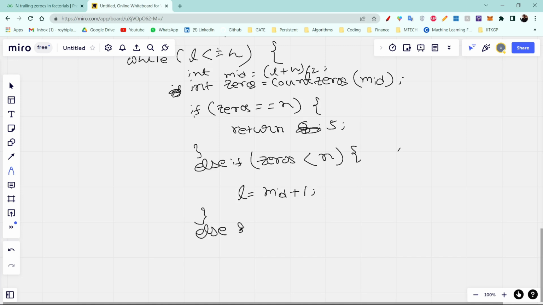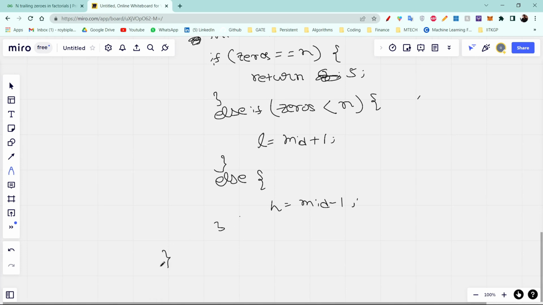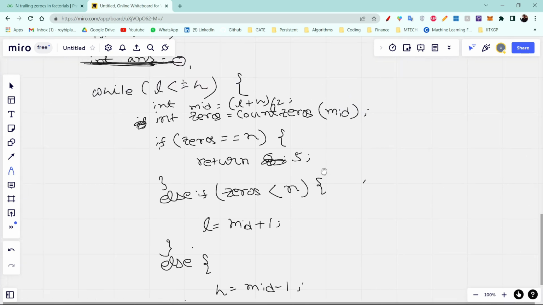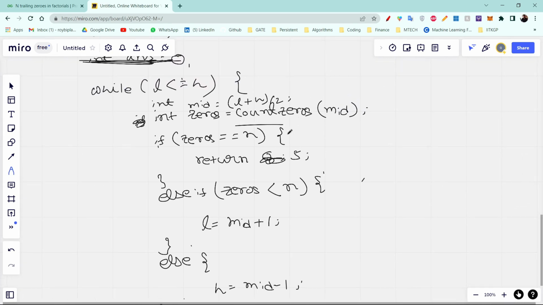In the else case, high can be updated as mid minus 1. That's all. At the end we can return 0, since we haven't got any number; we don't need this answer variable. Now count zeros we will implement directly.